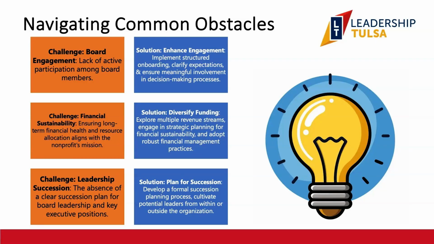And that means there's an absence of a clear succession line, a clear plan for nonprofit board members for the next leader, or a clear succession plan for the next leader if the executive director or senior staff were to shift or transition. This is very simple.